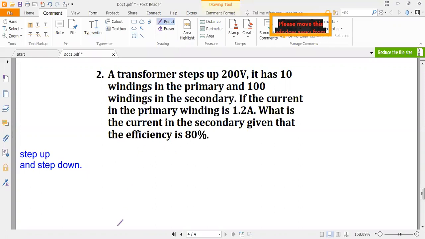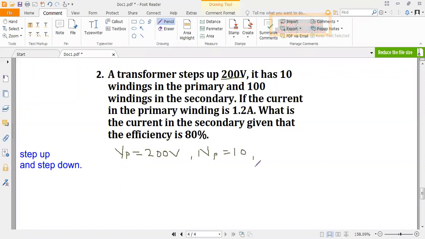Looking at what we are given in the question, the transformer steps up 200 volts. This means that the voltage supplied in the primary coil is 200 volts, which is to be stepped up. It has 10 windings in the primary, so let me call them the number of turns in the primary, Np = 10.